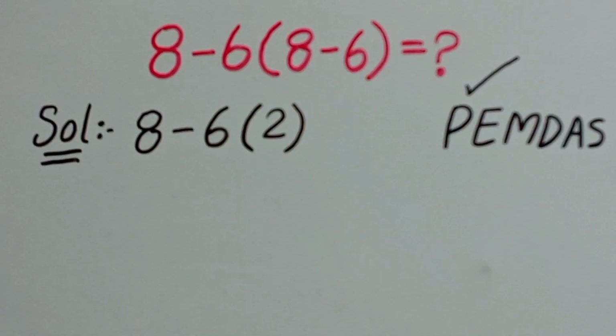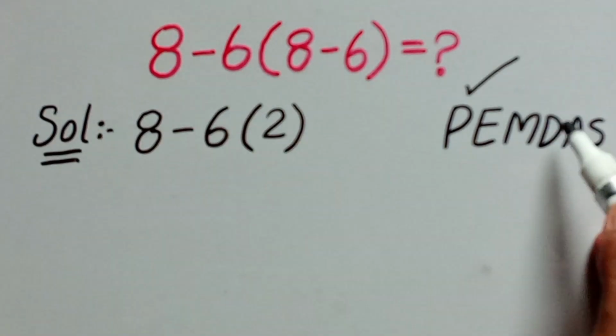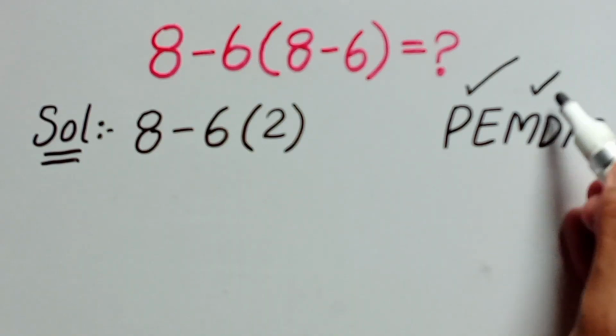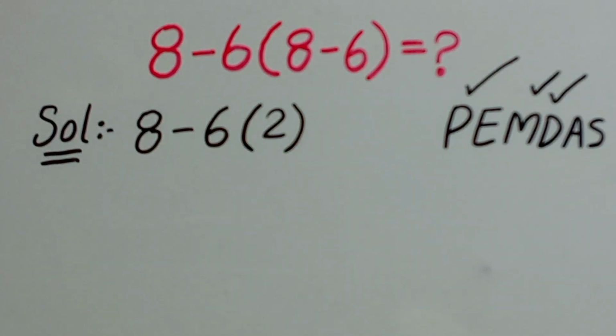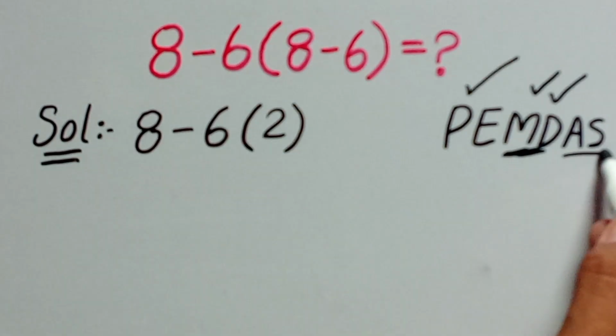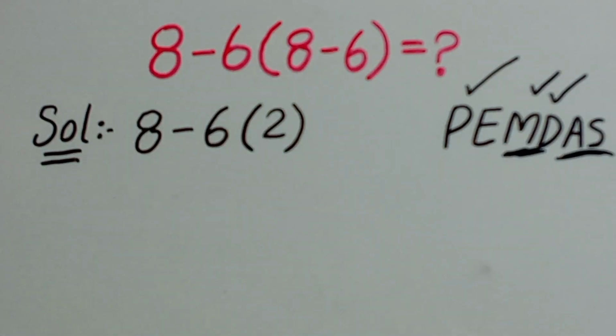Now in the next step guys, in PEMDAS multiplication and division have equal priority and we have to go from left to right. But also remember guys, that multiplication and division have higher priority than addition and subtraction.